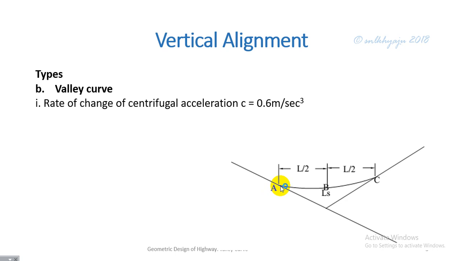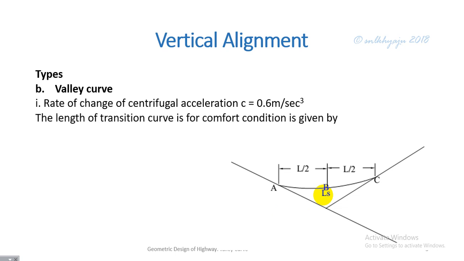Therefore, for the consideration of the rate of change of centrifugal acceleration, the length of the valley curve is twice the transition curve length, that is Ls. The length of the transition curve for comfort condition is given by Ls equals V cube by RC, which we have already derived in the transition curve video lecture.